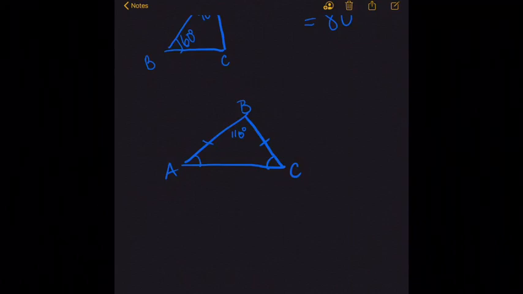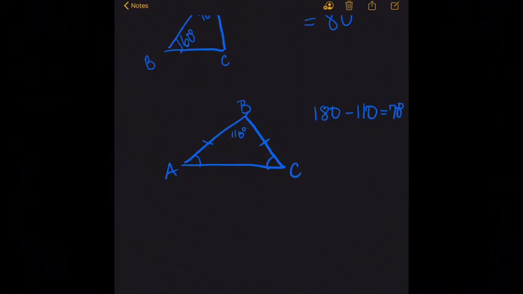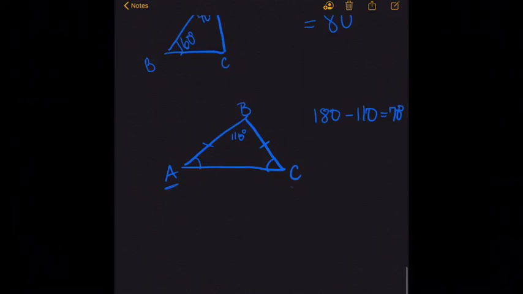Well, we know that all of the angles added up together equal 180. So if we subtract 110 from that, we get 70. So we know that angle A and angle C add up to 70 degrees.